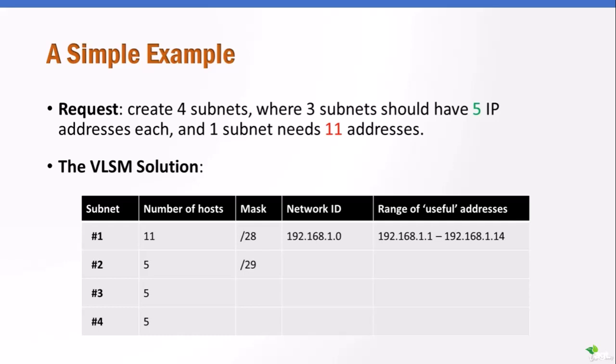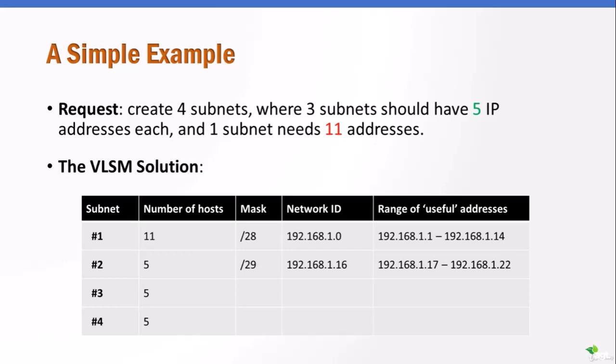The network ID is again going to be the next free IP address after the broadcast IP address in the previous subnet. The broadcast address was 192.168.1.15. So the network ID for the second subnet is going to be 192.168.1.16. The range will be from 17 to 22 because this time we're only going to use 8 IP addresses.